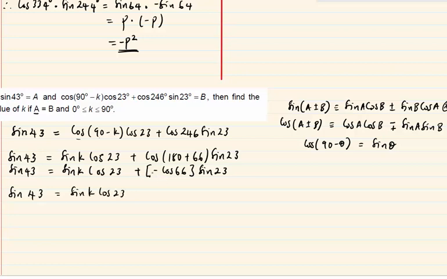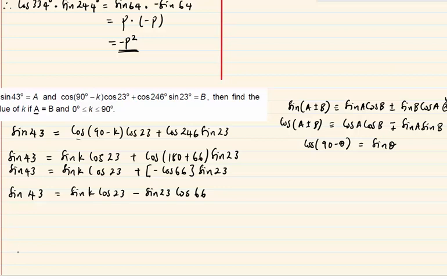A positive times negative is going to be a negative, and let me write it like this: sine 23 cosine of 66. Now this is of this form here. It's a compound angle formula for sine. Okay, so if this is 23 and that is 66, is k going to equal 66?